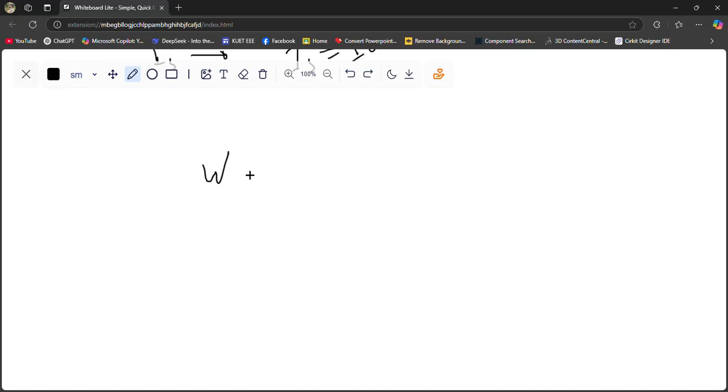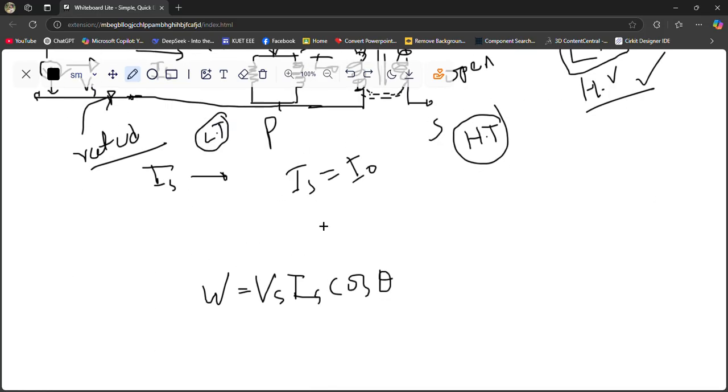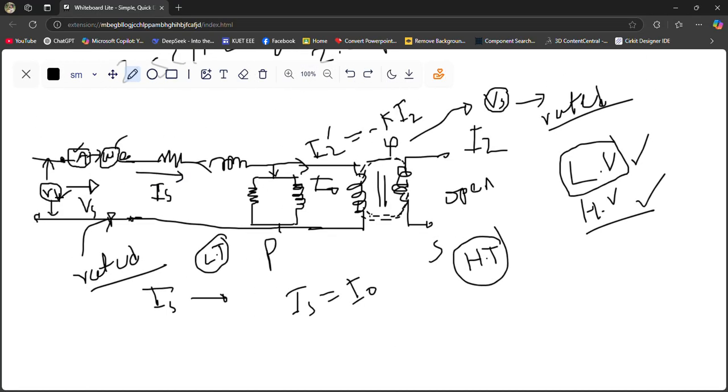We will get the numerical values from the readings, but if we write the equation, then W is equal to Vs Is cos theta. This theta is the power factor angle, as we know. Here you can see that this supply voltage Vs will be applied across this point, because we are not considering these parts, so the voltage drop across these points will be zero, or negligible.